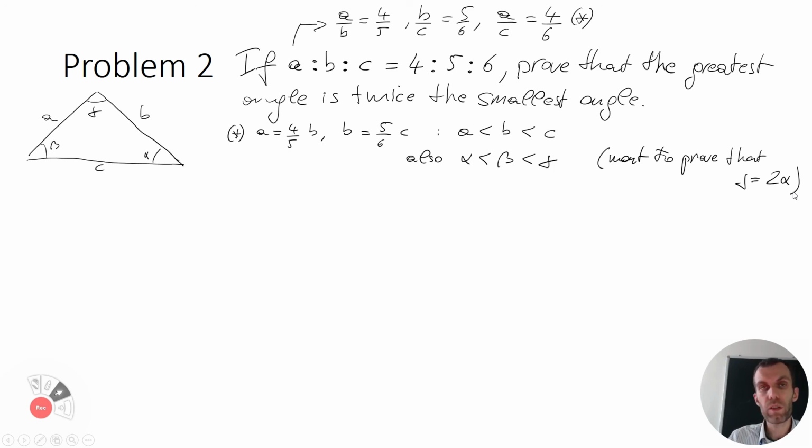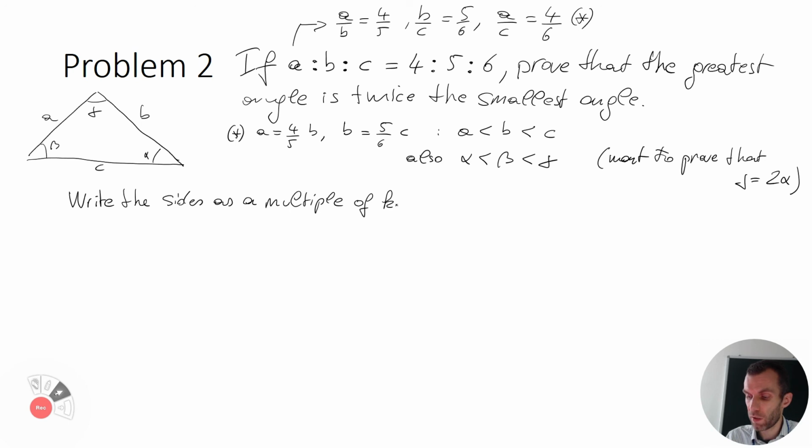So now, given that we know nothing about the sides except their proportions, let's brute force things a little bit. What I can do is write the sides as a multiple of some value k that I don't know, which is a real number.